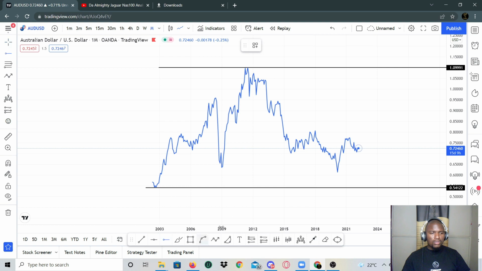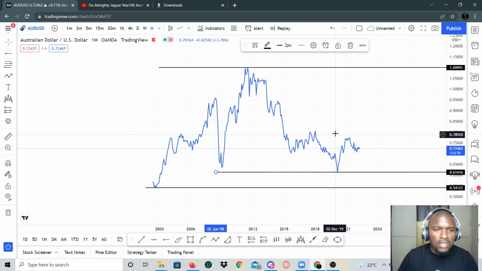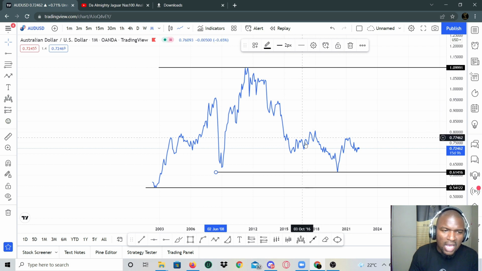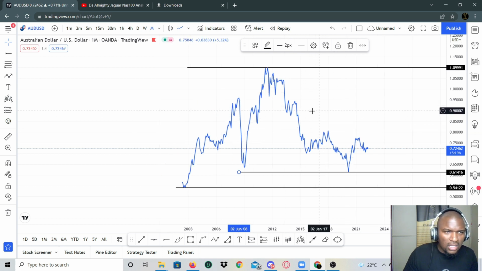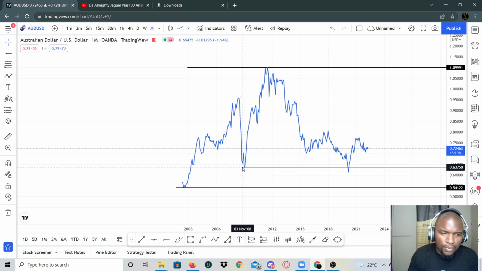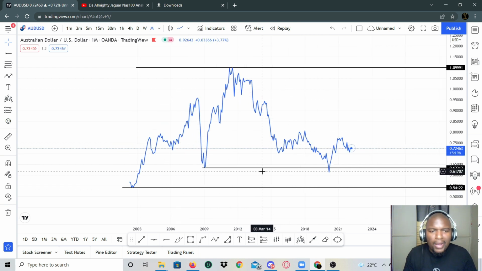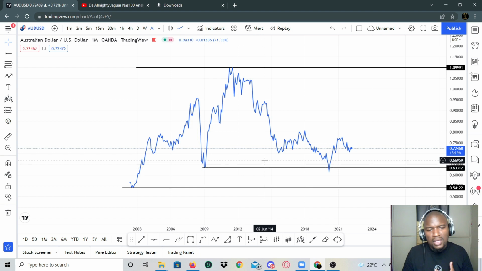And we also mark the nearest high again. Right here, this is the nearest low. So from these levels, you are able to identify that price has given you a clue of how it has been behaving.